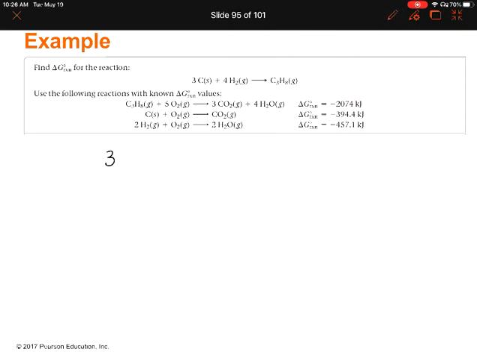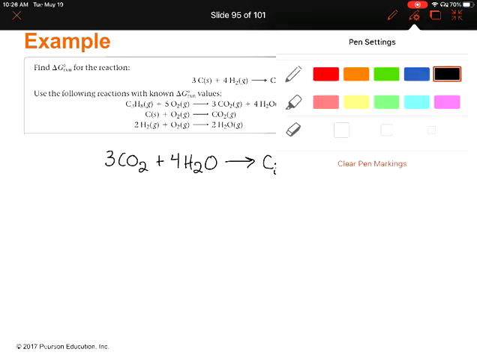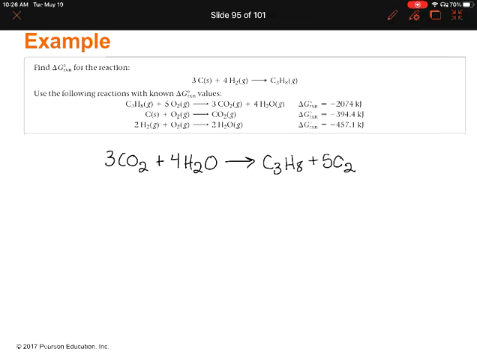So this would be 3CO2 plus 4H2O reacts to produce C3H8 plus 5O2, and the delta G value is positive 2074 kilojoules.